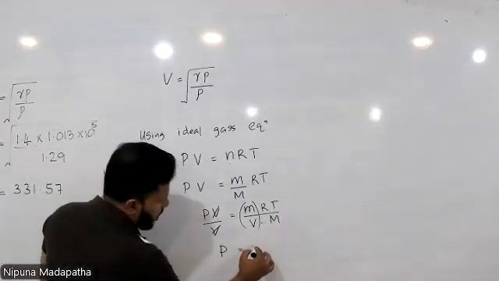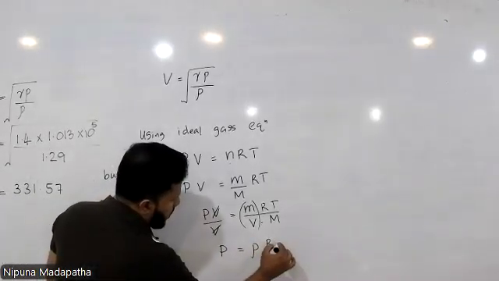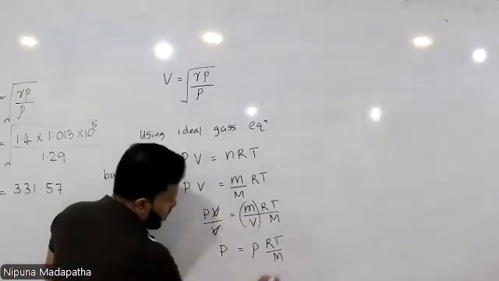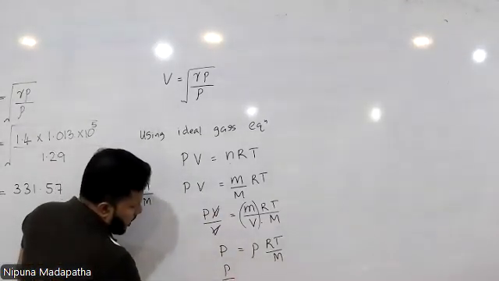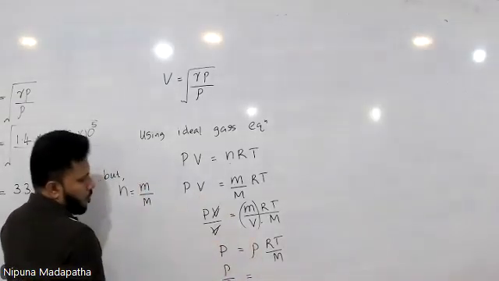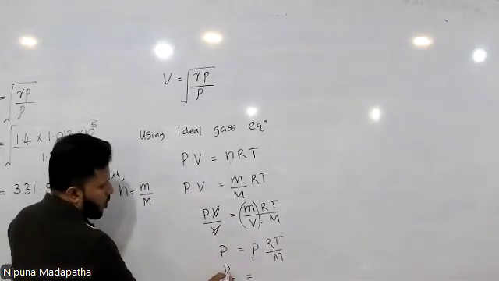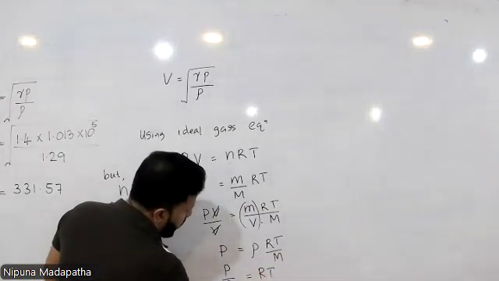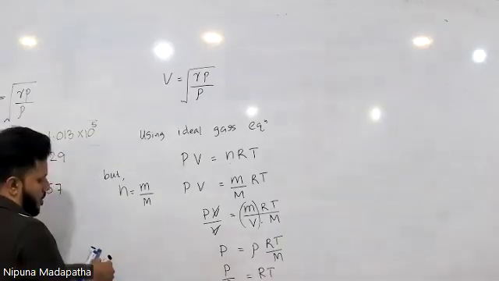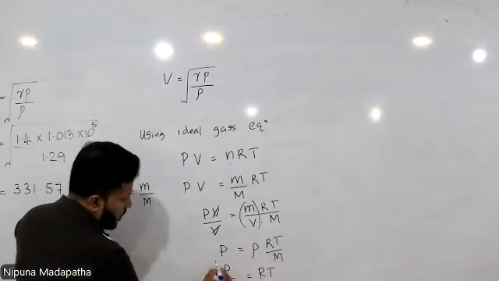The density of the gas. So P equals rho RT over M. Dividing both sides by rho, pressure divided by density is equal to RT over M.